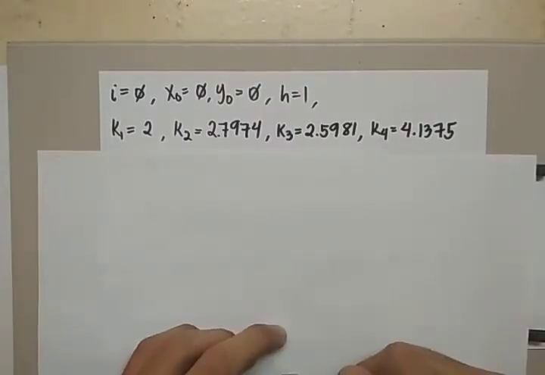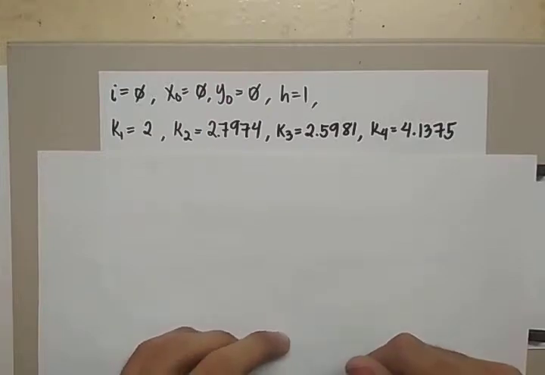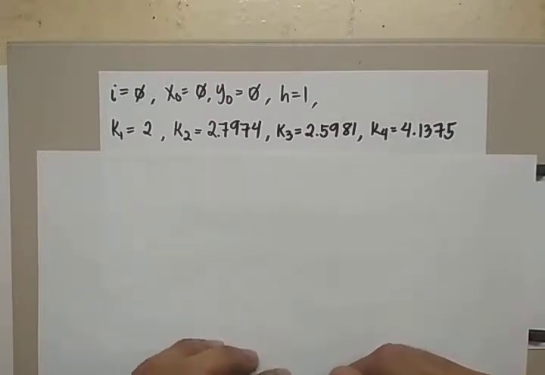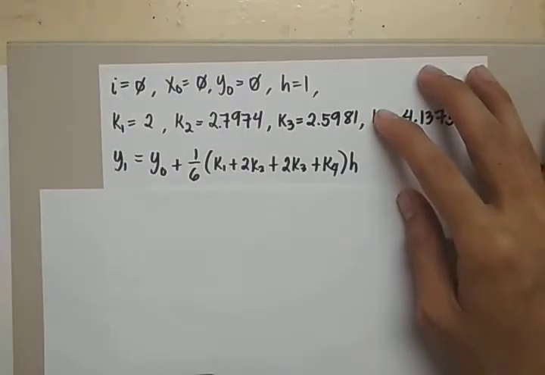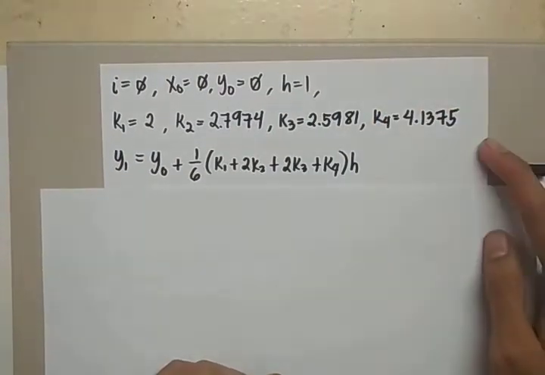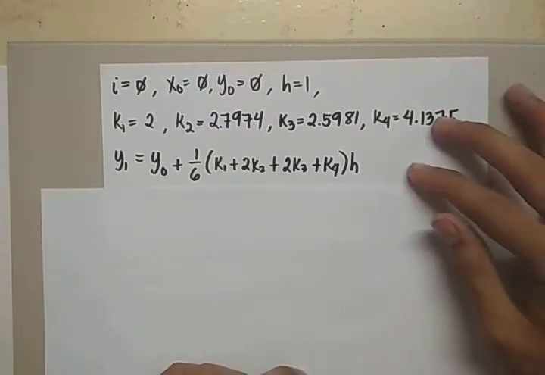So since we have our values for k sub 1, k sub 2, k sub 3, and k sub 4, we can now calculate y sub 1. So using this formula, y sub 1 is equal to y sub 0 plus 1 over 6 multiplied by k sub 1 plus 2k sub 2 plus 2k sub 3 plus k sub 4 multiplied by h. So just substitute the values.